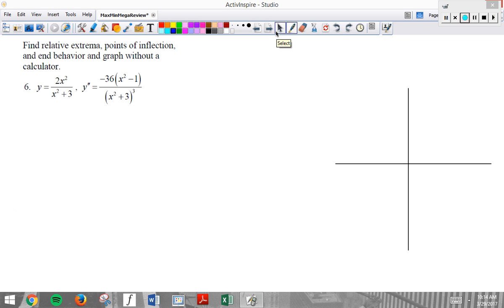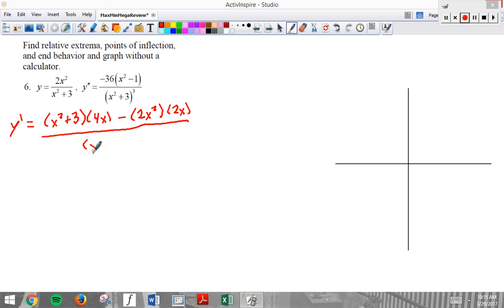Next. Relative extrema, points of inflection, and behavior graph without a calculator. They already gave me my second derivative. My first derivative, low d high, minus high d low, all over low squared.